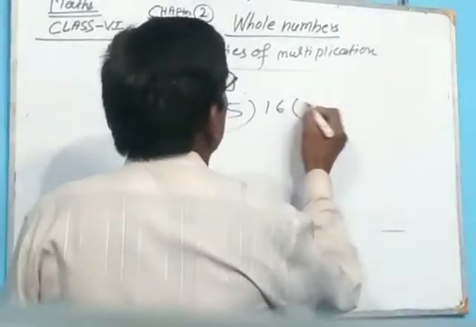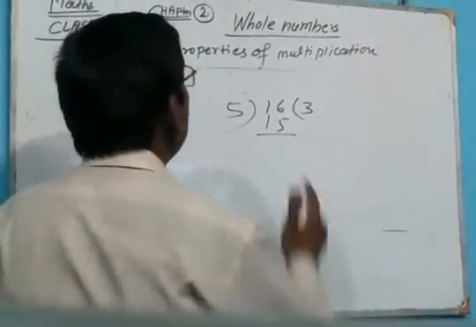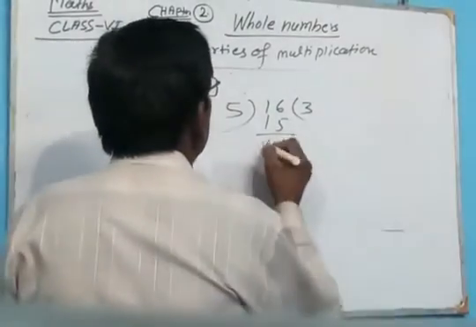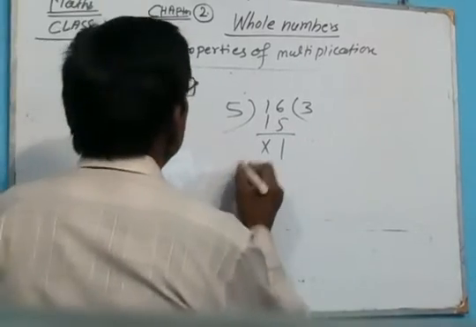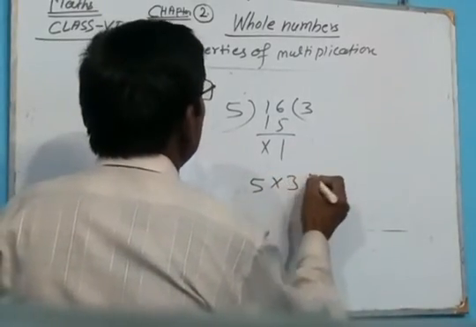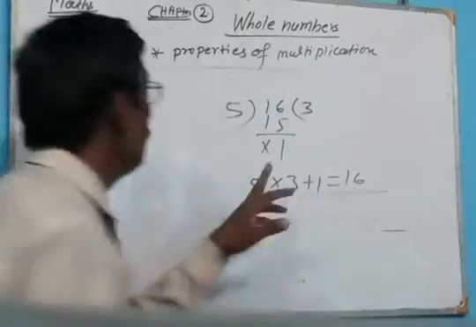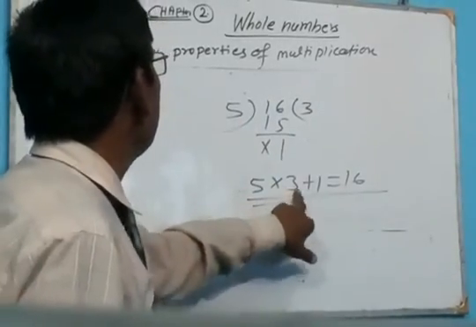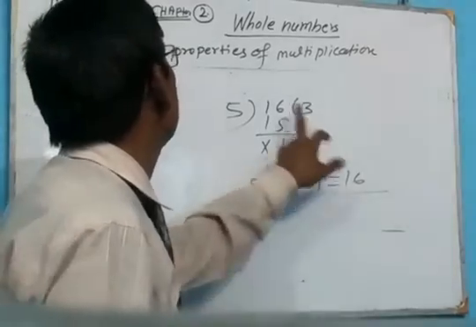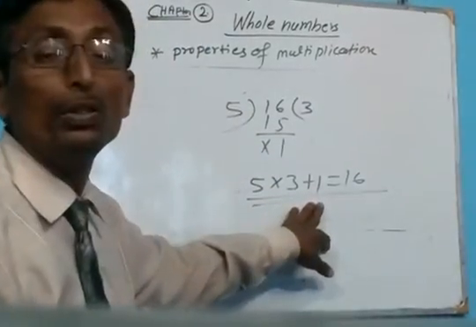We multiply 5 by 3, then it becomes 15, and we subtract it. We find 1 as the remainder. We test it. So 5 into 3 plus 1 is equal to 16. So divisor into quotient plus remainder gives the result of dividend. That is the division algorithm rule.